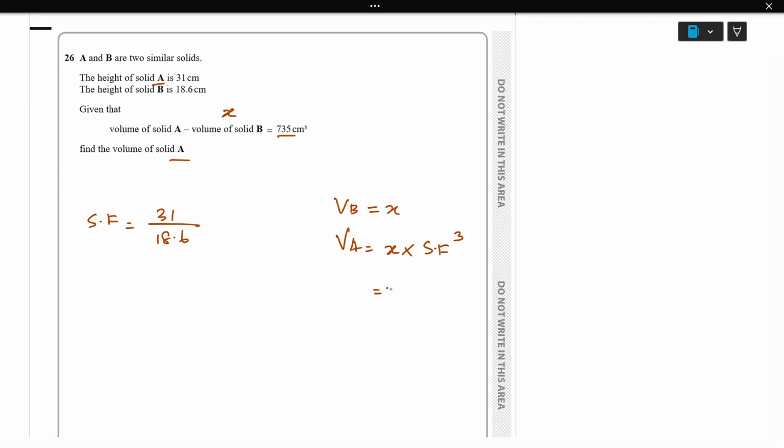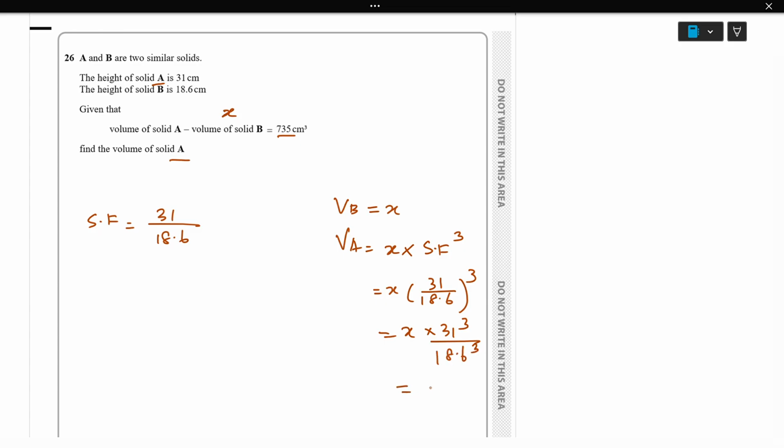So X times 31 by 18.6 whole cube. So we can write X into 31 cube over 18.6 cube.